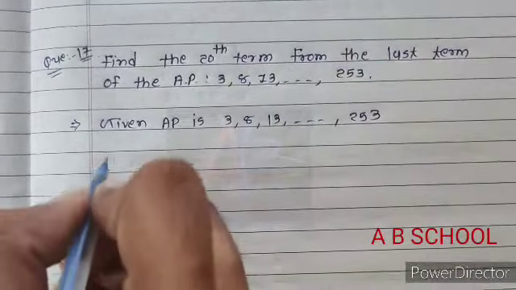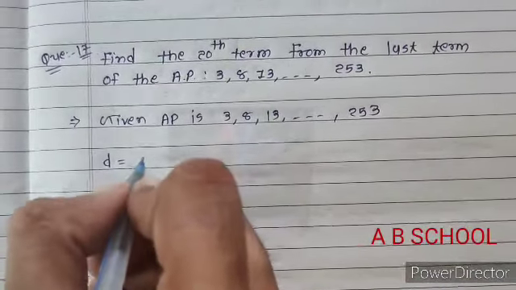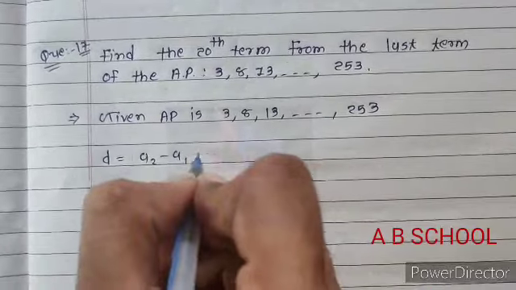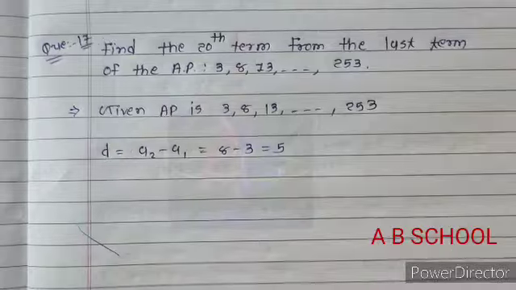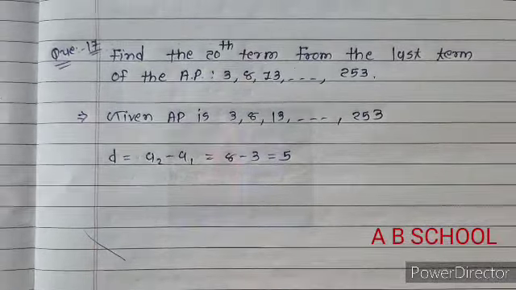The common difference D is equal to A2 minus A1, which is 8 minus 3, equal to 5. So the common difference D is equal to 5.